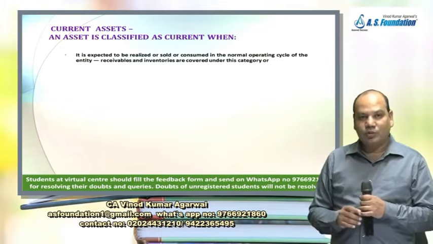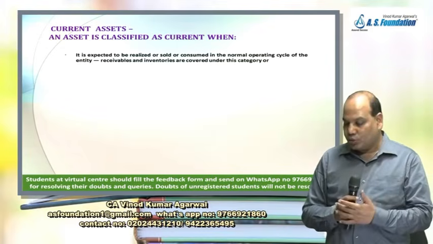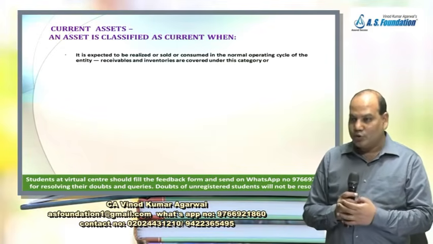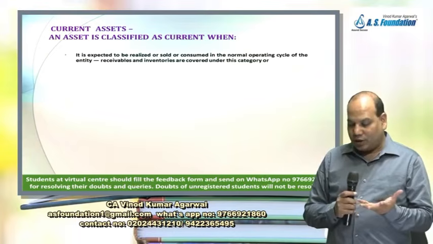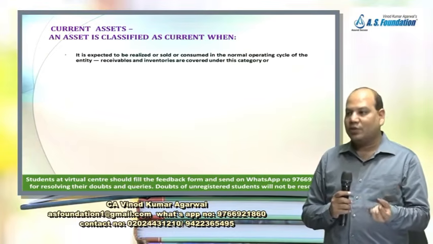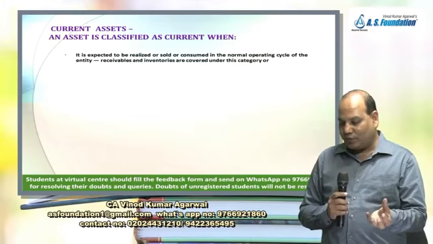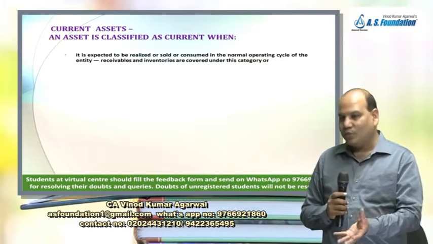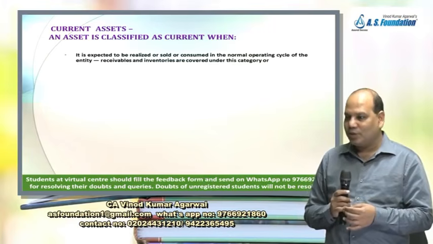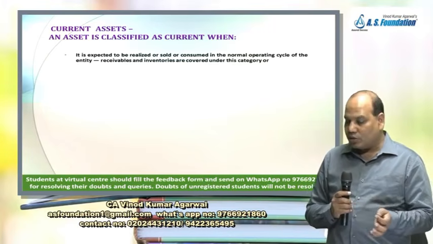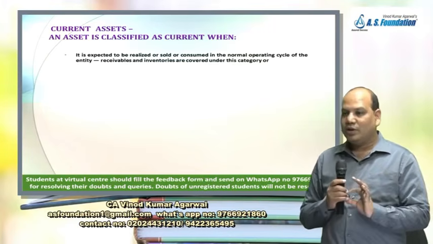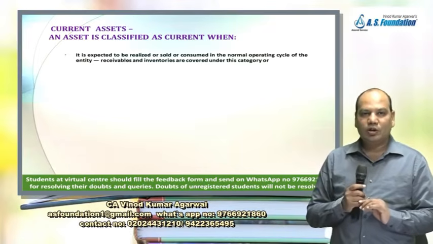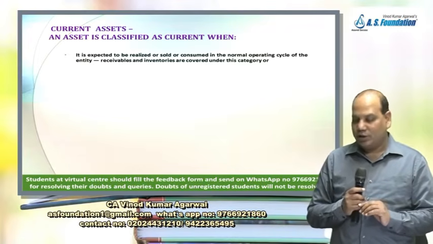It is expected to be realized or sold or consumed. The word realized will be used basically for receivables, sold for finished goods, and consumed for raw material, stores, WIP, in the normal operating cycle of the entity.